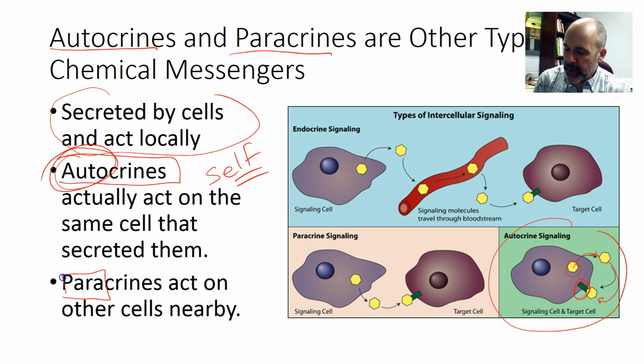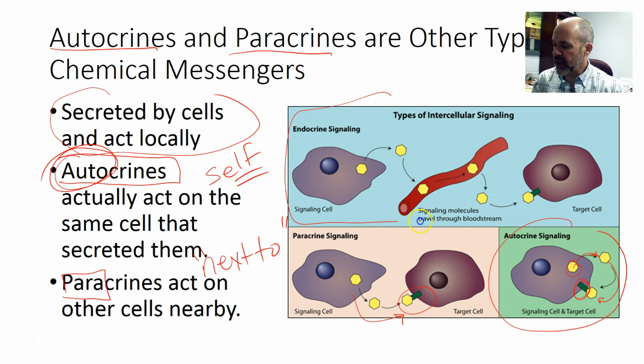Paracrines, on the other hand, para, you can generally think about that as meaning next to in biology. So paracrines are chemical messengers that are secreted, like we see here, and they diffuse over to nearby cells, attach to receptors on those cells, and stimulate some sort of change.